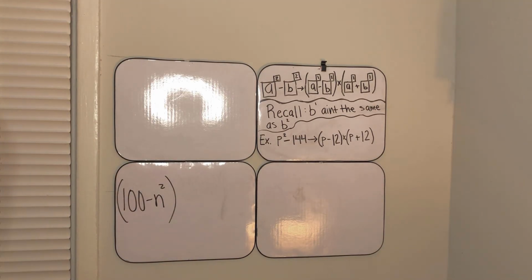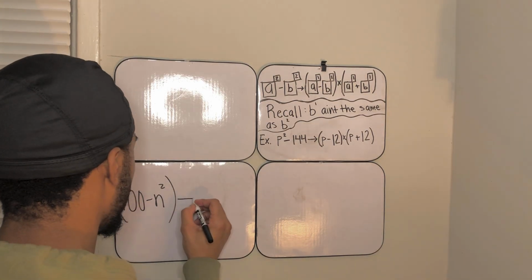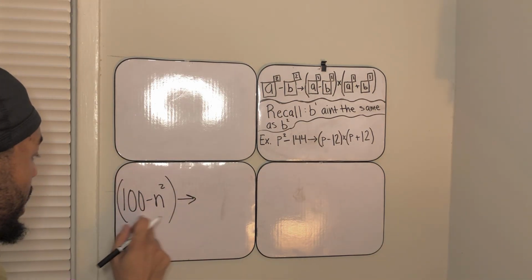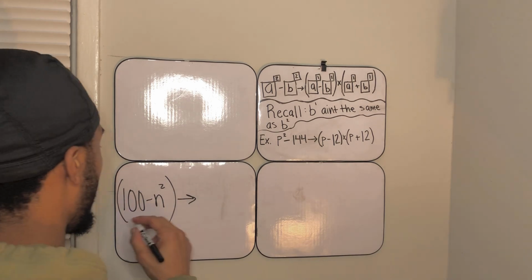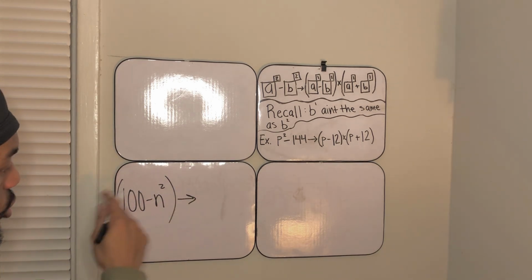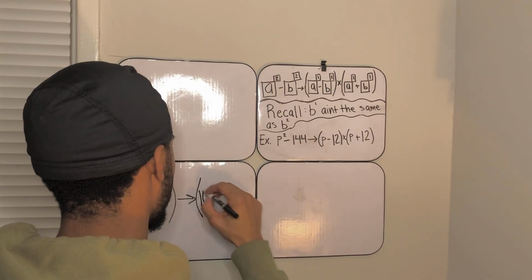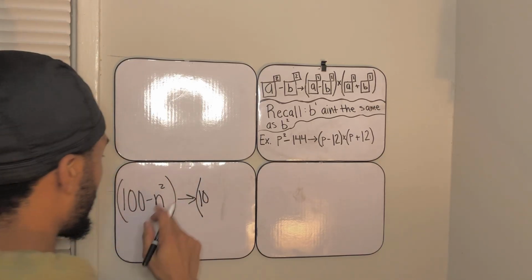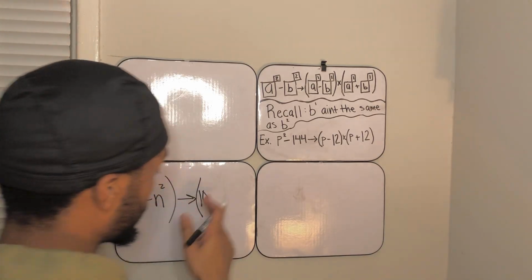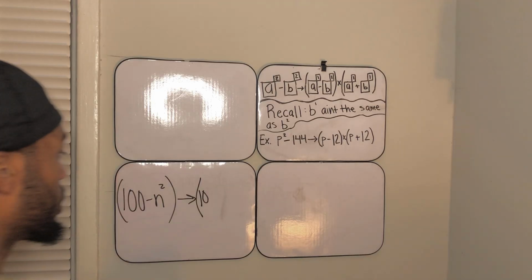So this is example number 3. We have 100 minus n to the second power. Going along with the formula, this is A and this is B. The square root of 100 is 10, and the square root of n squared is just regular n.